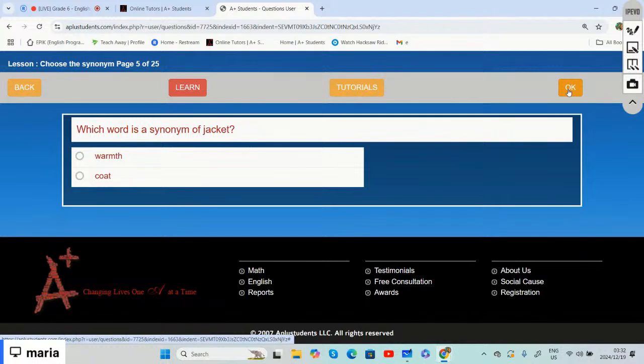Option one is correct. The next one says, which word is a synonym of jacket? A word that's the same as or almost the same as jacket.